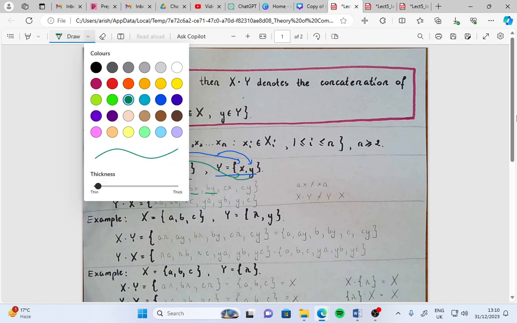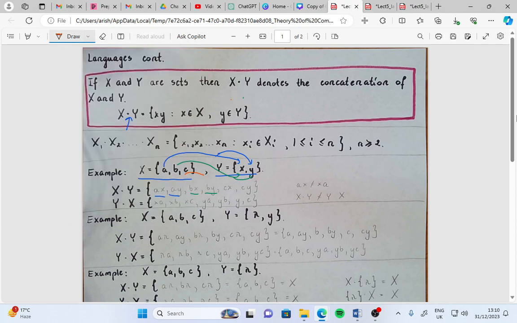And then this c with x and y again, so cx, cy. So this is x multiplied by y. This is also called the Cartesian product, x Cartesian product y, and y Cartesian product x is also the same. The only thing is that here you have x and a, then x and b, then x and c, then y a, y b, y c. So you got this set.